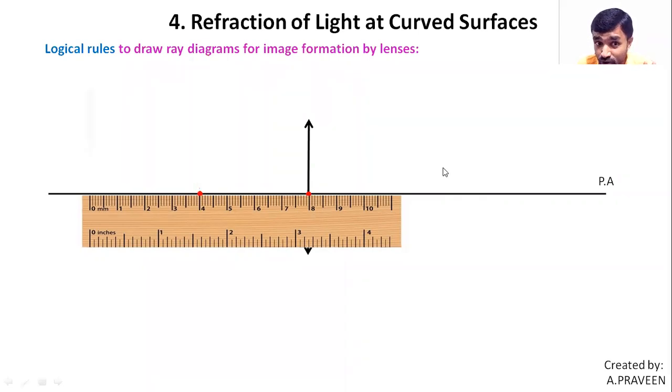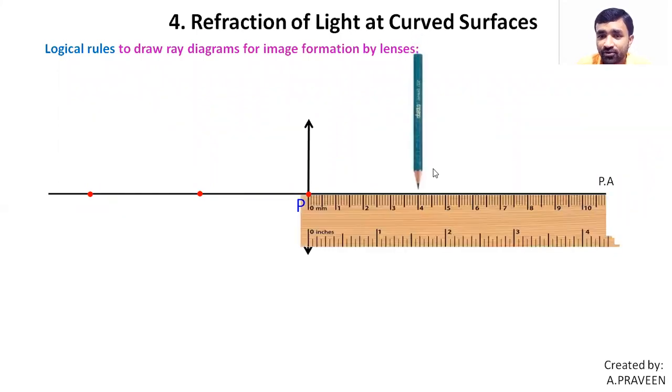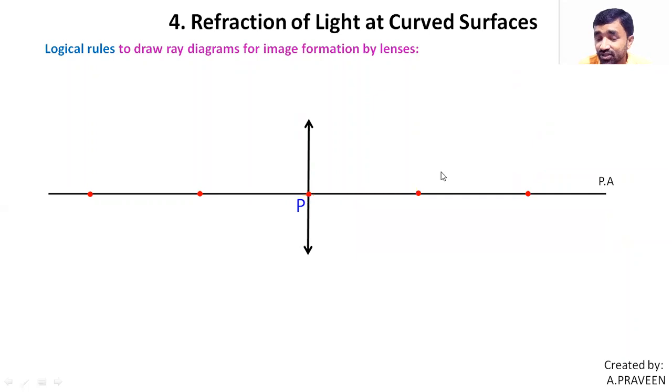At 0 centimeters, again I identify one more point. Then the 2 points are what for me? Focal point and center of curvature. I'm moving to the right side. That side also I use the same distances, 4 centimeters, 1 point, and at 8 centimeters, another point, right? So these are simply the centers of curvature and focal points with respect to the lens.